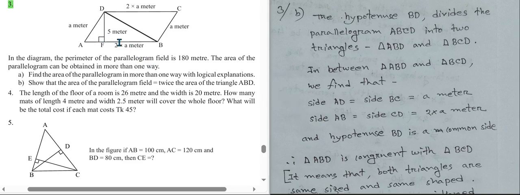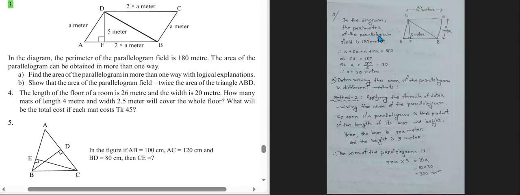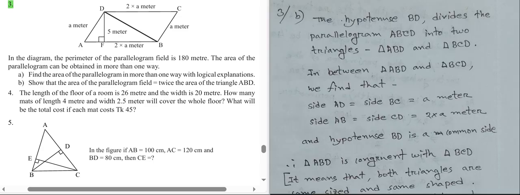And side AB is equal to side CD, equal to 2a meter, because both of the sides individually are equal. And diagonal BD is a common side for both triangles. So we can say triangle ABD is congruent with triangle BCD. Here congruent means both triangles are the same size and same shape.